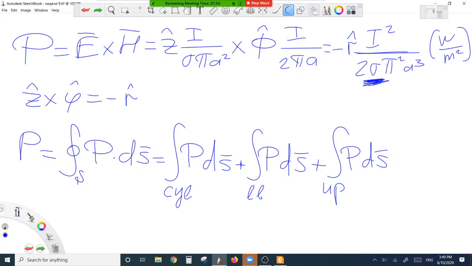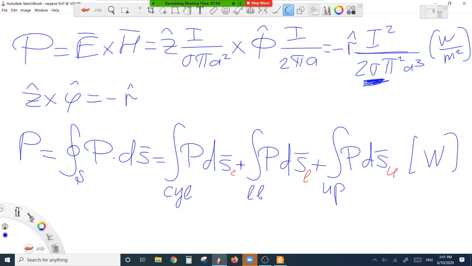The unit of measurement here is watt. Let me put the indices in the integrals: ds of C is the area of the cylindrical surface, ds of L the area of the lower base, ds of U the area of the upper base.